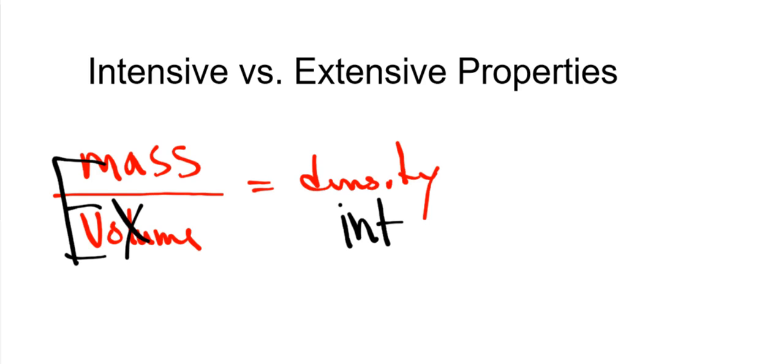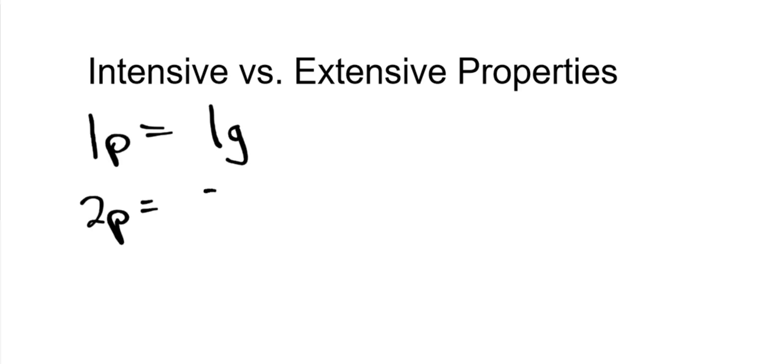Because density, it doesn't matter how much of something you have. The density is consistent throughout. So for example, let's use pennies again. So if I have 1 penny, its mass is around 1 gram. 2 pennies, its mass is around 2 grams. 3 pennies, let's say it's 3 grams.